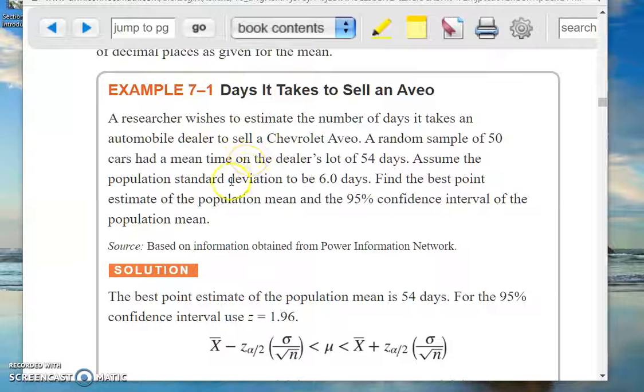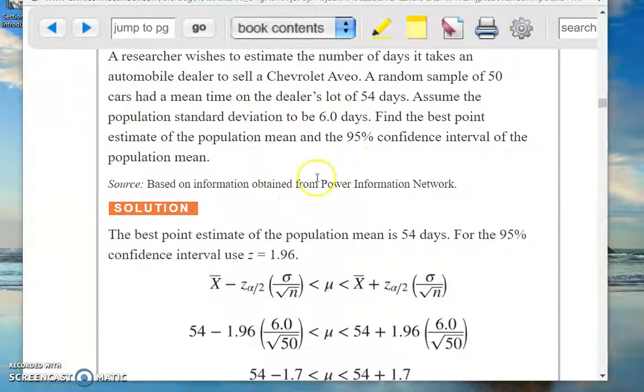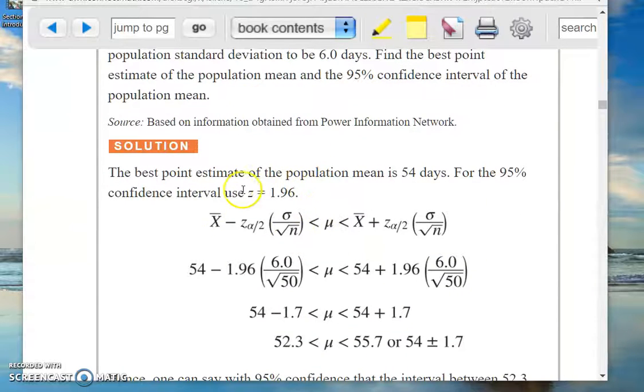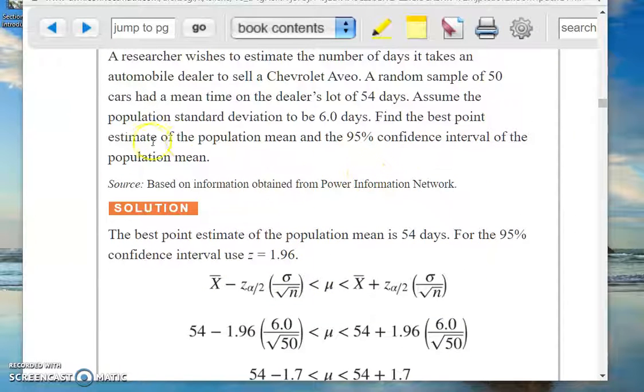Okay, so we've got all the information we need. What we're looking for is the best point estimate and a 95% confidence interval of the population mean. Well, the best point estimate is always going to be easy. It's always going to be the X bar.